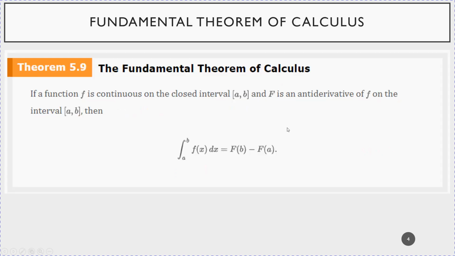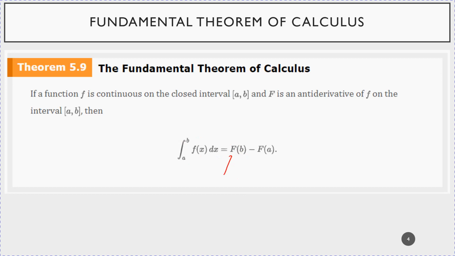This leads us to the fundamental theorem of calculus. If a function f is continuous on the closed interval from a to b, and capital F is an antiderivative of f of x on the interval from a to b, then the definite integral from a to b of f of x dx is equal to capital F evaluated at b, the upper bound.